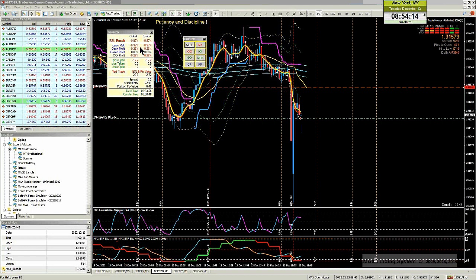Now we also have a data panel which shows many data about the trade. I will explain just 2 lines, the ESL result and the XXX profit. The ESL result, in the column symbol, is the result of the trade we will get should the price hit the stop loss.